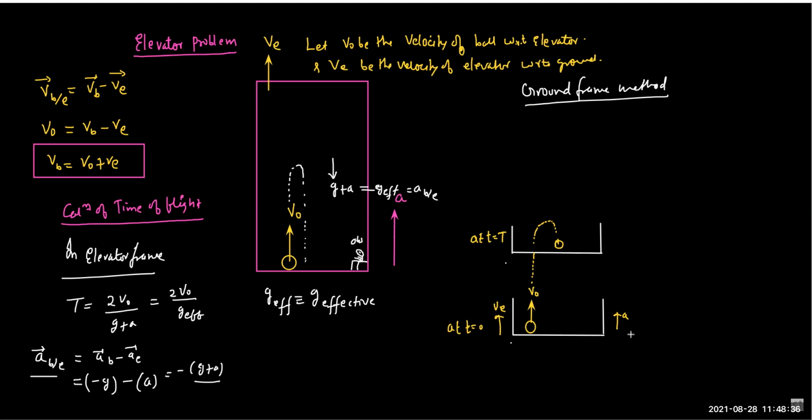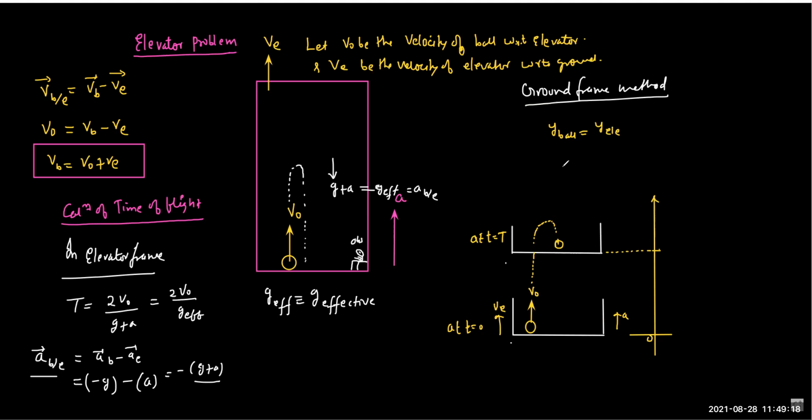If I choose the initial position as origin and up as the y-axis, one thing is clear: the floor of the elevator and the ball will have the same y coordinate finally. Initially both the floor of the elevator and the ball are at the same height, and they're also at the same height finally. So if I say this is the origin, y of ball must be the same as y of elevator. That's simple.